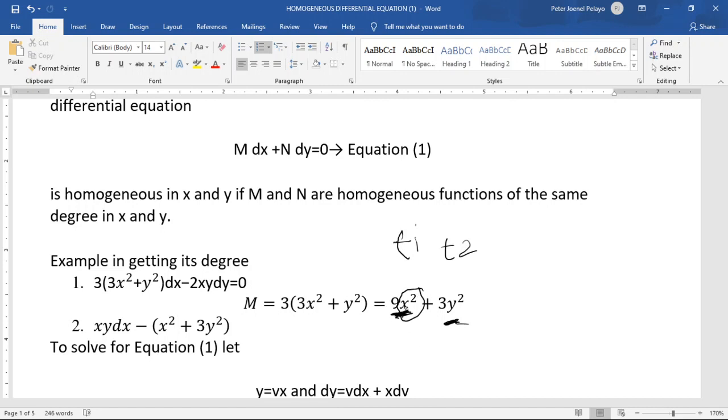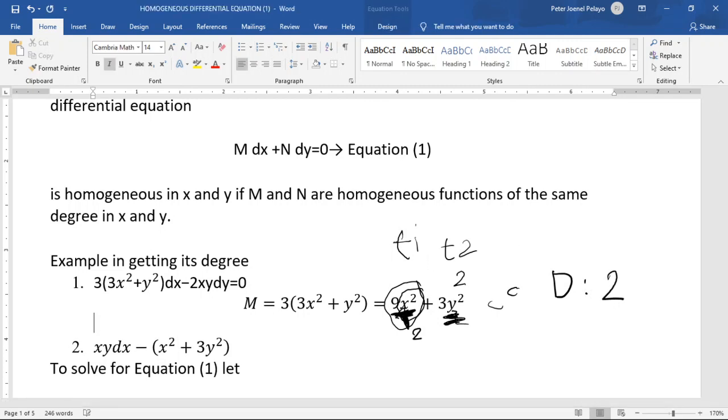Huwag nyo lang titignan yung numerical coefficients. From term 1, meron ka lang variable x, ang exponent niya ay 2. So, meaning, itong term 1 na to, ang degree niya is 2. For the second term, y squared naman siya, so ang degree niya will be 2 also. So, this M has a degree of 2.